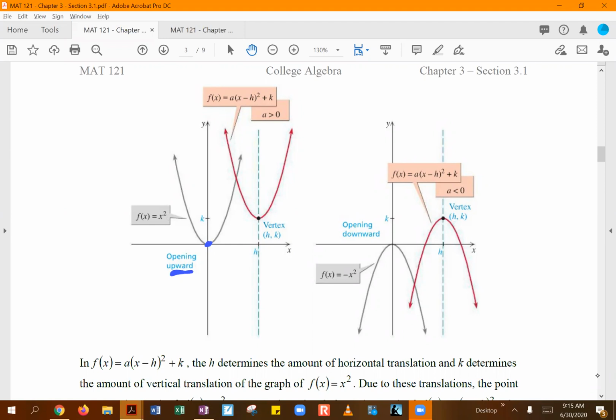And then when we make a transformation, which is this graph in red, that's where we've got a times x minus h squared plus k. So we are moving so many units to the right and upwards. We don't know what those numbers are, but look how the vertex also moves. The vertex comes from that horizontal and vertical movement. So the h and the k will actually tell you where the new vertex is going to be.